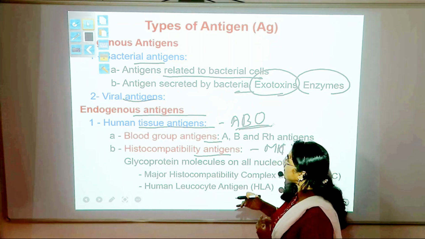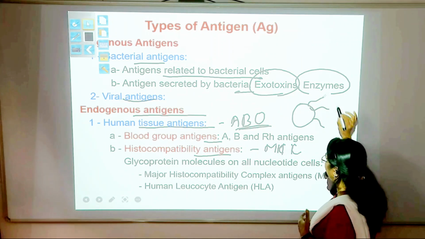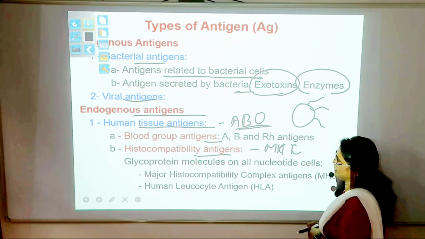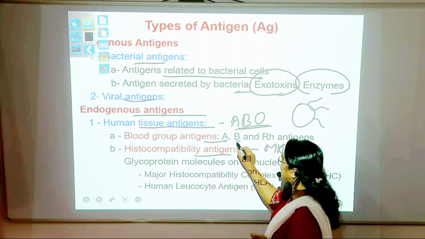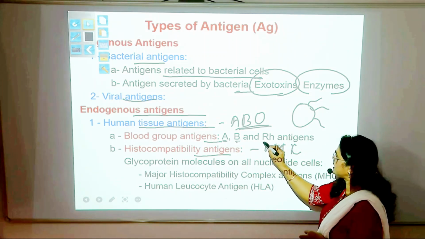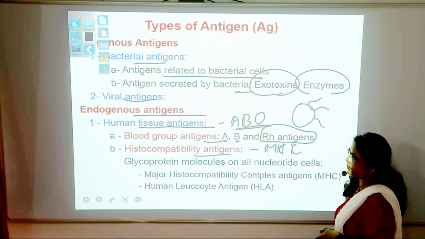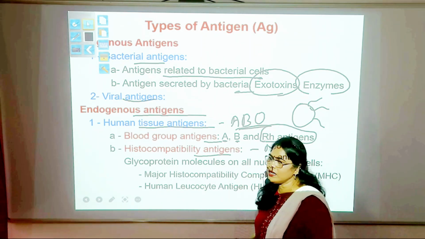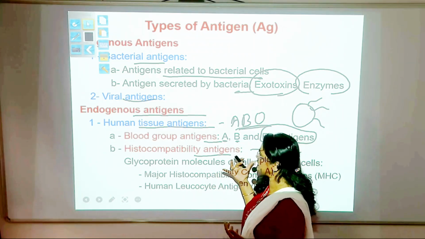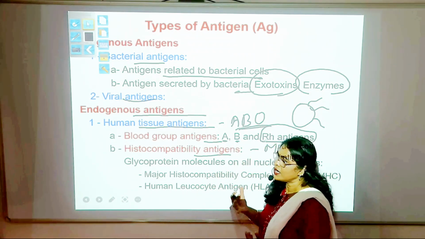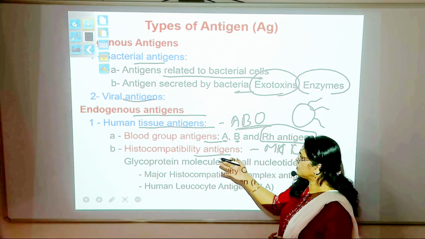Why? Because every RBC will have a glycoprotein which behaves as an antigen. So A blood group will have A antigen, B blood group will have B antigen, and one more antigen, the Rh antigen, may be present. The blood groups are decided because of the presence of these antigens.